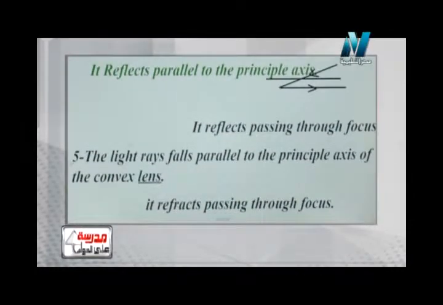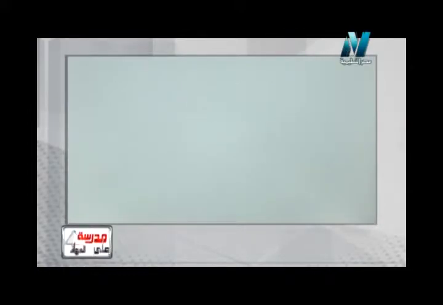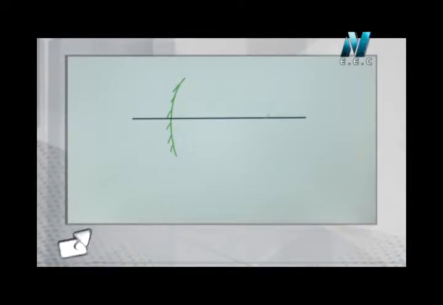Here the light ray falls parallel to the principal axis of a convex lens or concave mirror. Of course, it differs from case to case. If we take it here, as we see, a concave mirror, the first case: as we have the principal axis, here we have the center of curvature, here we have the focus, and here we have the pole of the mirror.